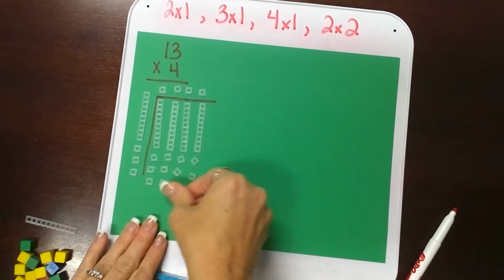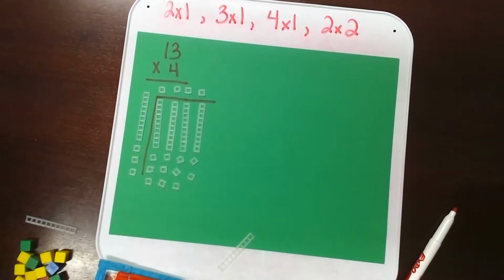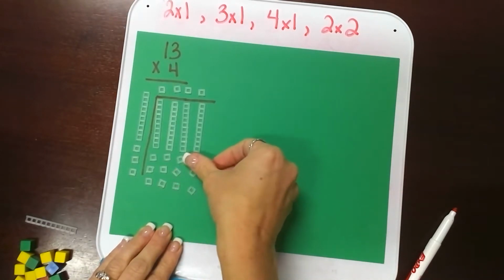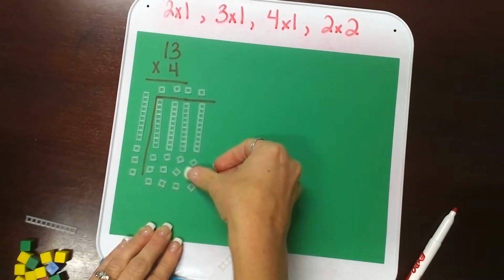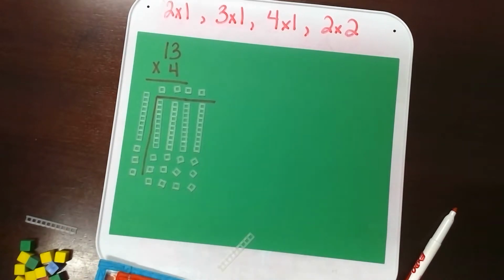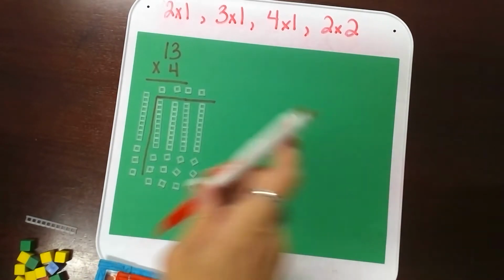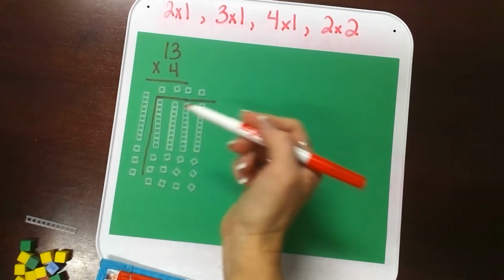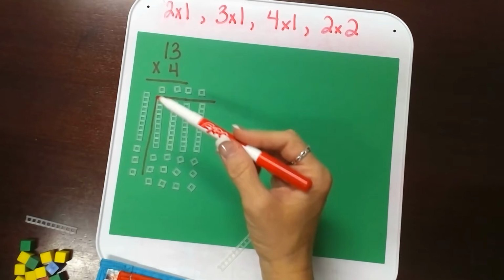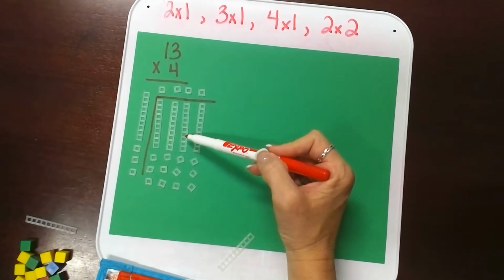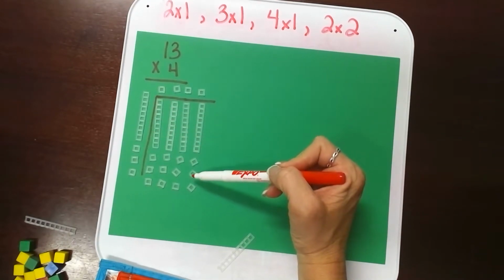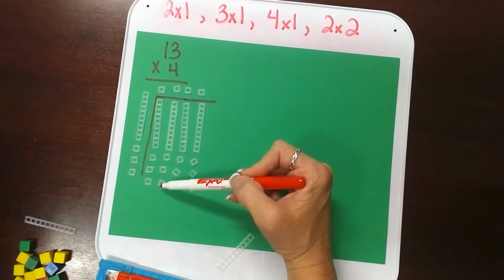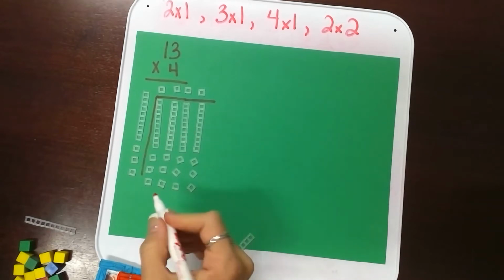If you have enough base 10, you can put them into groups, each group has their own set and they're creating it along with you, that's fine too. So from this, we've created our array. So we could count and tell you the answer to 13 times 4. It's 10, 20, 30, 40, 41, 42, and on up to 52.